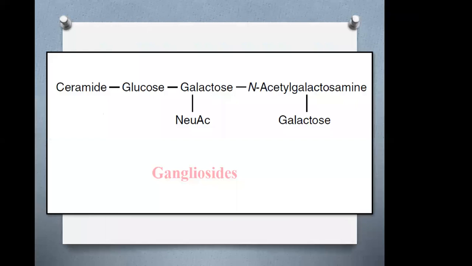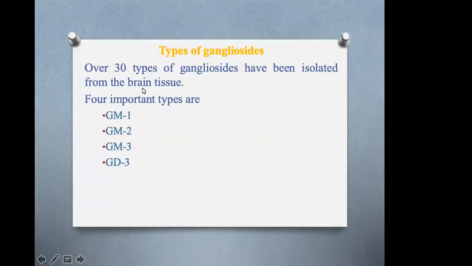Gangliosides. This is a simple picture of a ganglioside, which is composed of ceramide, glucose, galactose, N-acetyl galactosamine, and galactose, two galactose molecules and one glucose molecule. The types of ganglioside are GM1, GM2, GM3, depending upon their configuration.